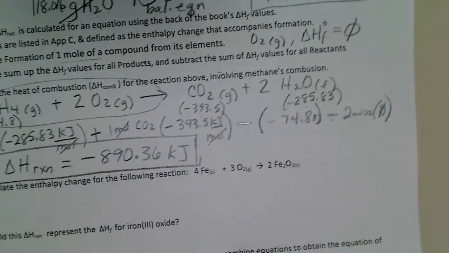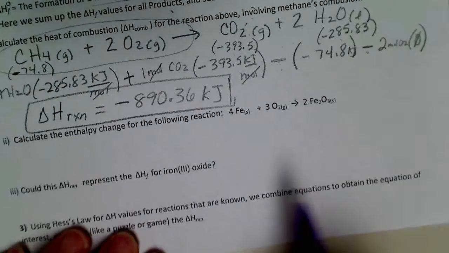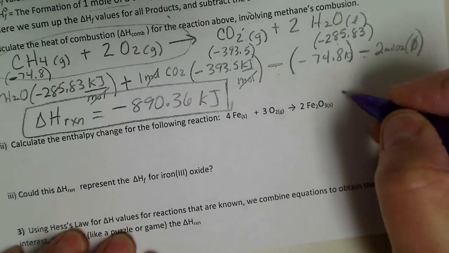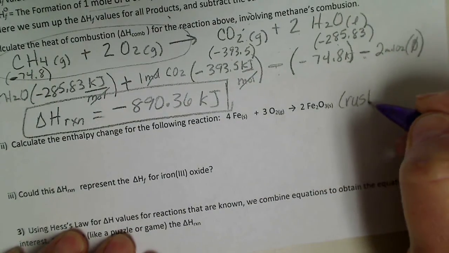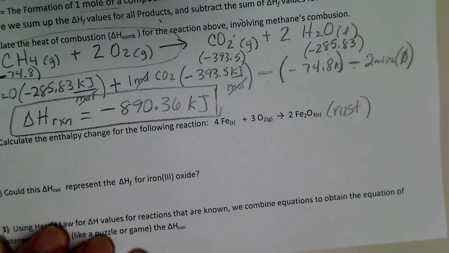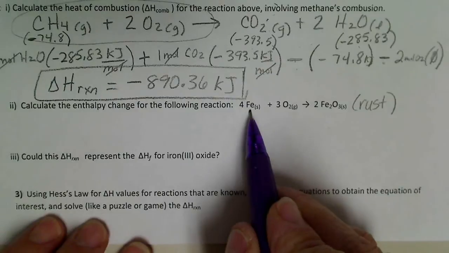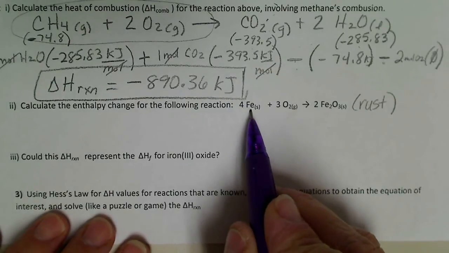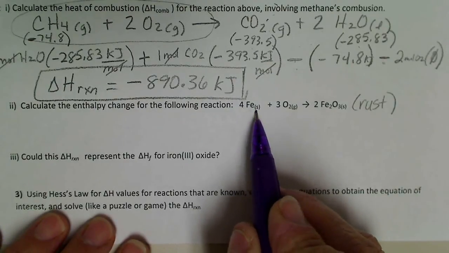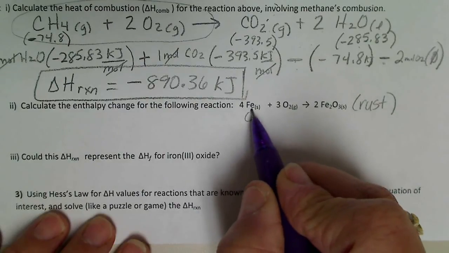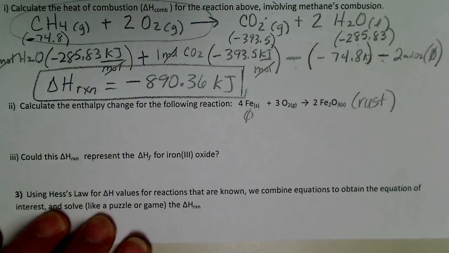So if we do one more, this would be an example. This is when iron rusts. So the chemical formula for rust is Fe2O3. If we look in the back of the book at iron in the solid state, its delta H value is 0 because that's an element.